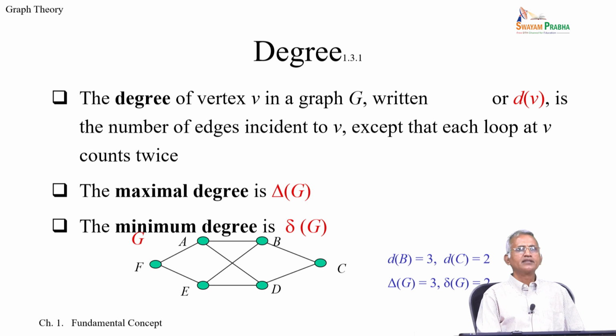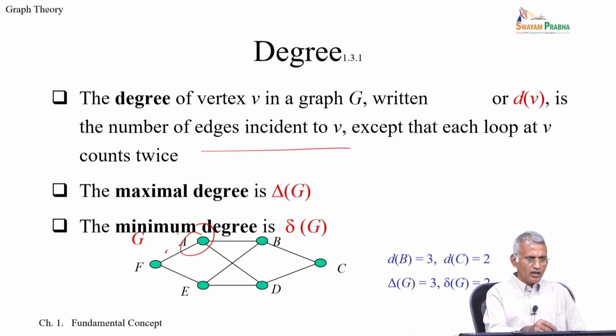Next, the degree of a vertex in a graph is written d(v). It is the number of edges incident to v, where each loop at v counts twice. If you take vertex A, it has 1, 2, 3 edges connected to other vertices, therefore the degree of A is equal to 3.